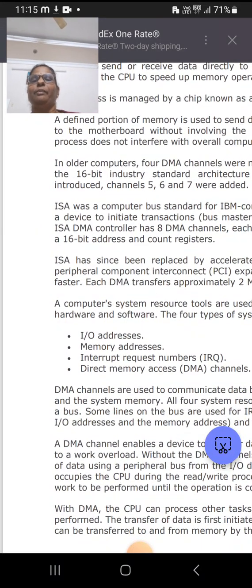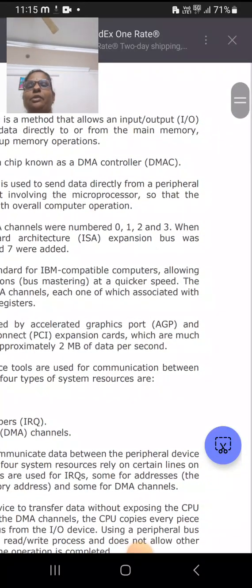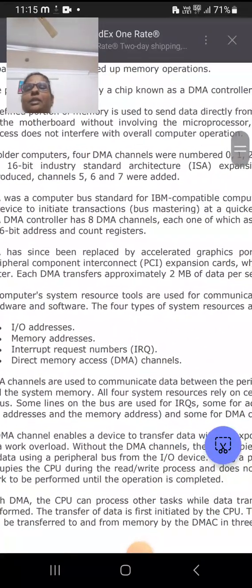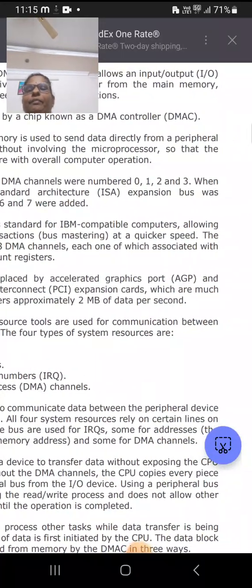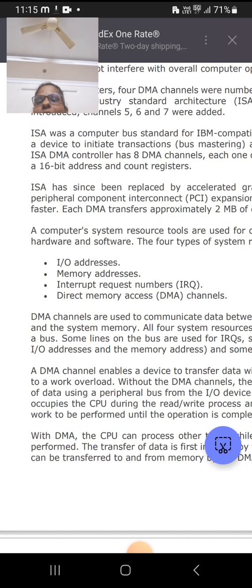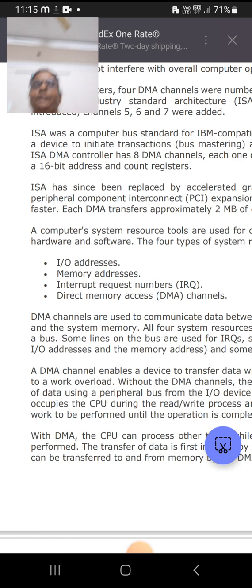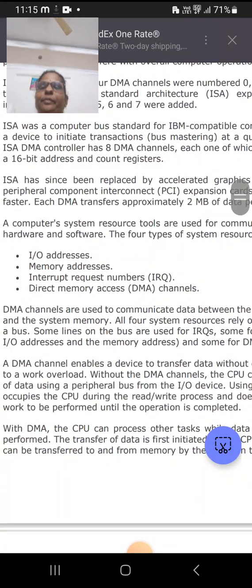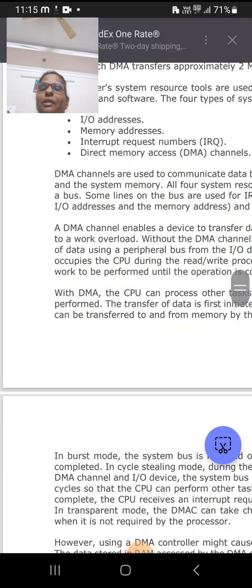The DMA channels are numbered 0, 1, 2, 3, and depending on ISA there are channels 1 to 7, along with memory addresses and request numbers.